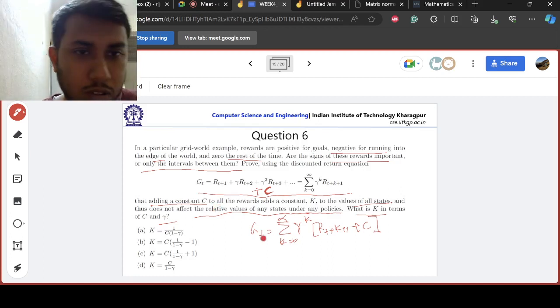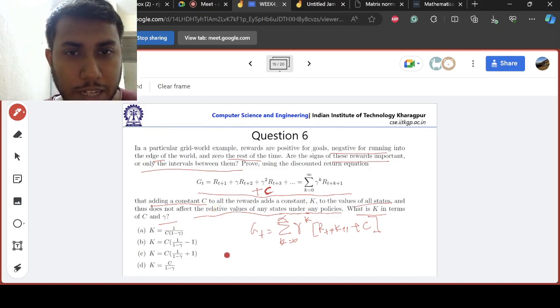Okay, so now we will find the expectation of this, right? We need to find the expectation of this. So this will be the value function.